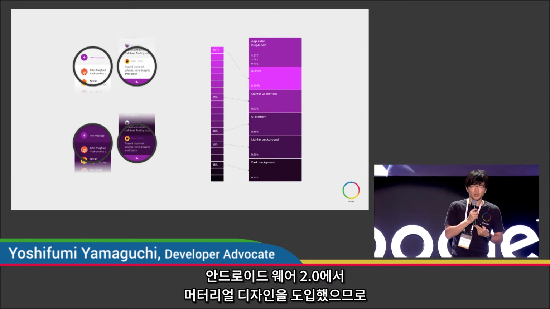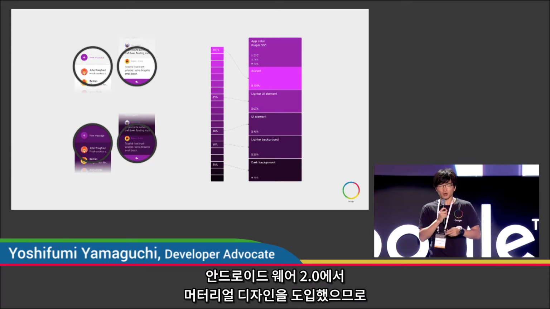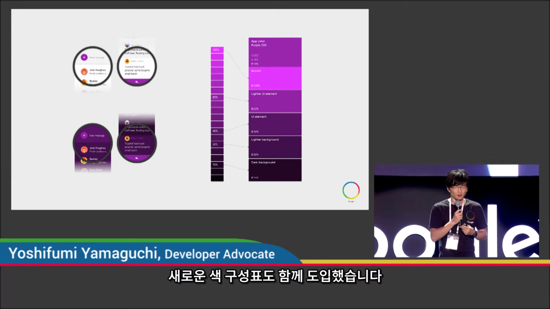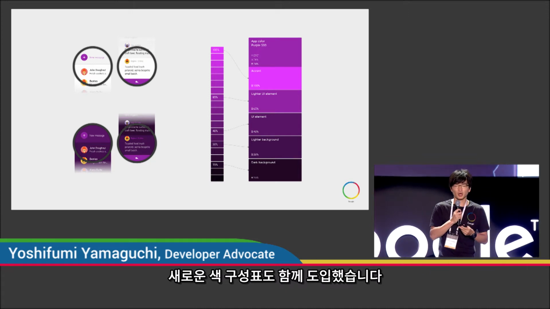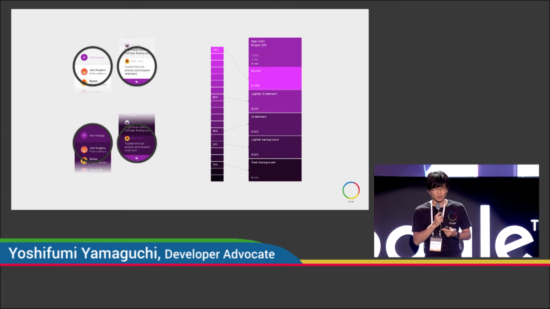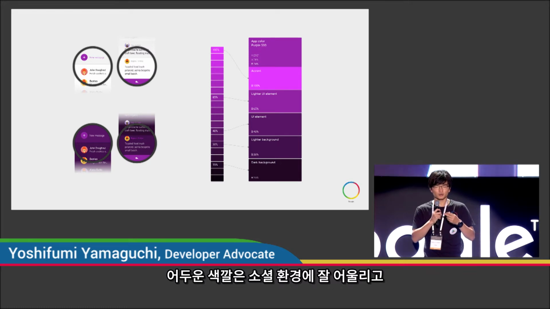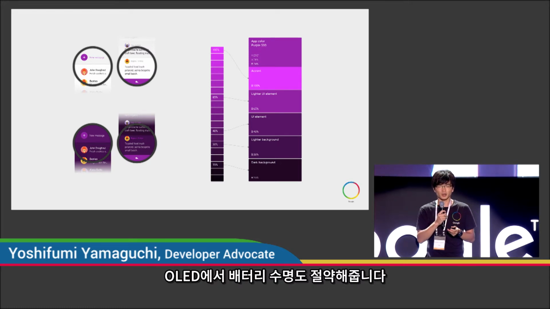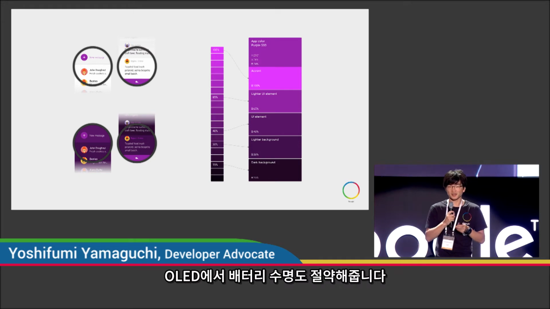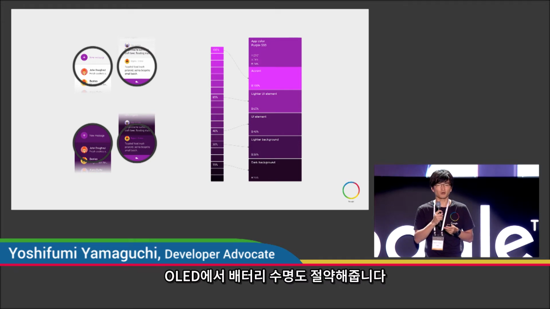Since we introduced material design for Android Wear 2.0, we introduced a new color scheme as well. Darker colors are more suited to social environments, and also that saves battery life on OLED displays.